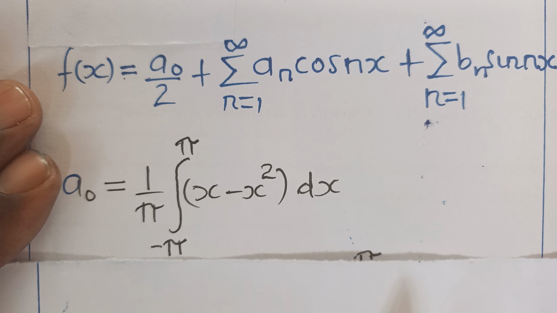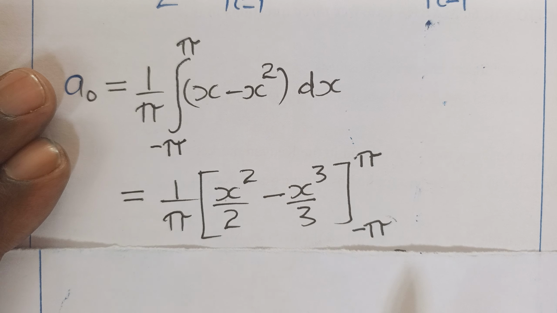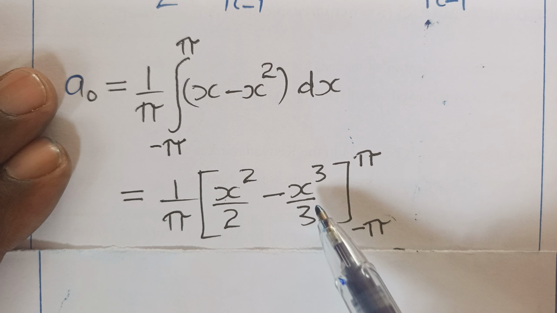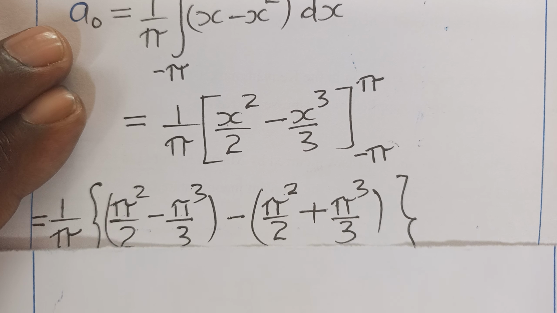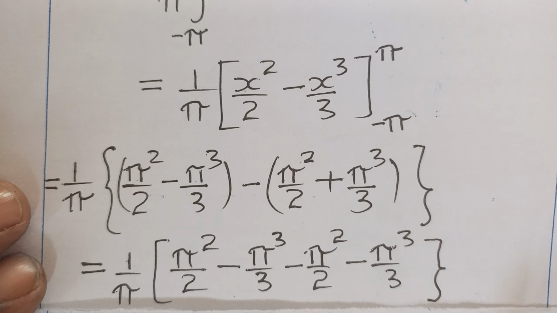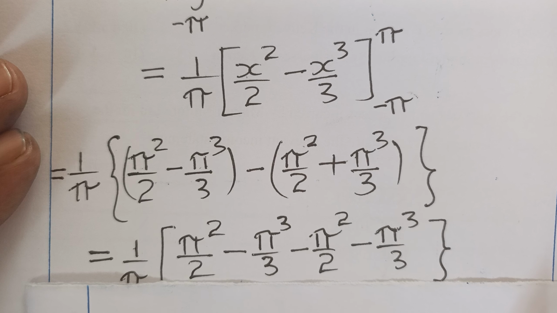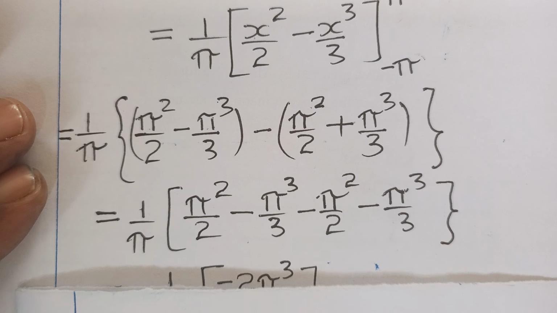Guys, we need to integrate this, and this is how I have integrated that. As you can see, this is x²/2 and x³/3 when you integrate. Then you fix your pi and your negative pi. To save on time, I'll give you time to look at that later.